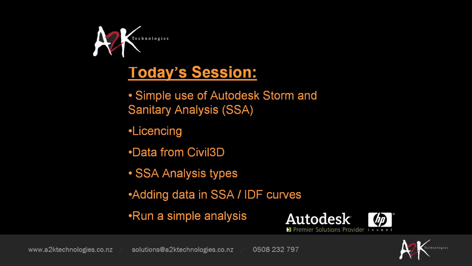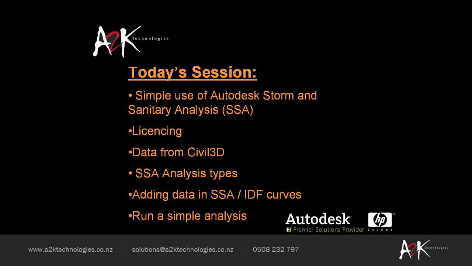What we're going to look at is, first of all, we're going to open up a drawing in Civil 3D, extract the data from that drawing, and bring it into SSA. Then we're going to have a look at some of the analysis types in SSA. There's a bunch of stuff it can do.